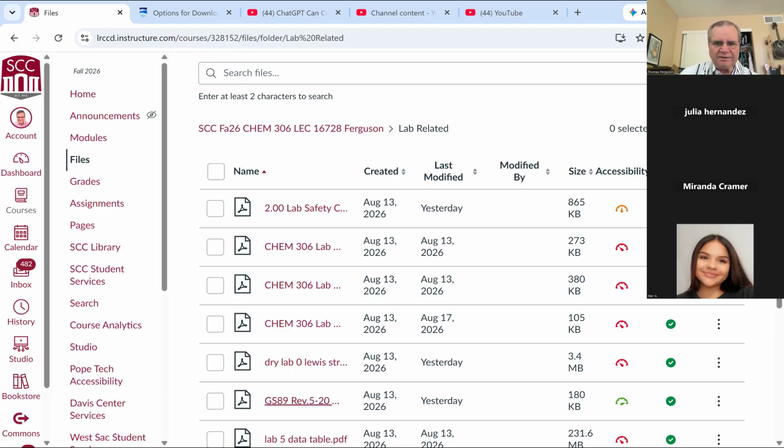Okay, Kyle, it says, what materials are needed for this week's lab? You have to have some way to download the dry lab digitally. That's a tablet or a laptop. You need a pencil. You don't need a calculator at all.